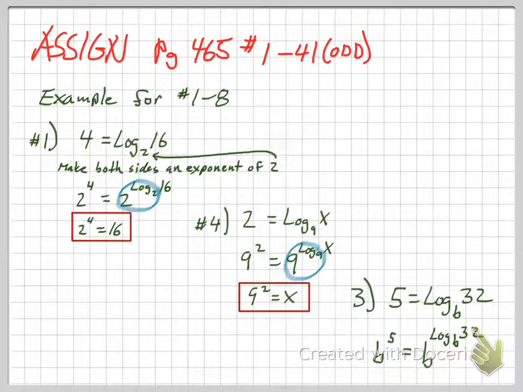And I think you can figure out the next move. These guys here are going to be inverse operators. So that means this side of the equation just merely equals 32. So we're going to end up with b to the 5th is equal to 32. All right, so that's that set of problems, 1 through 8.